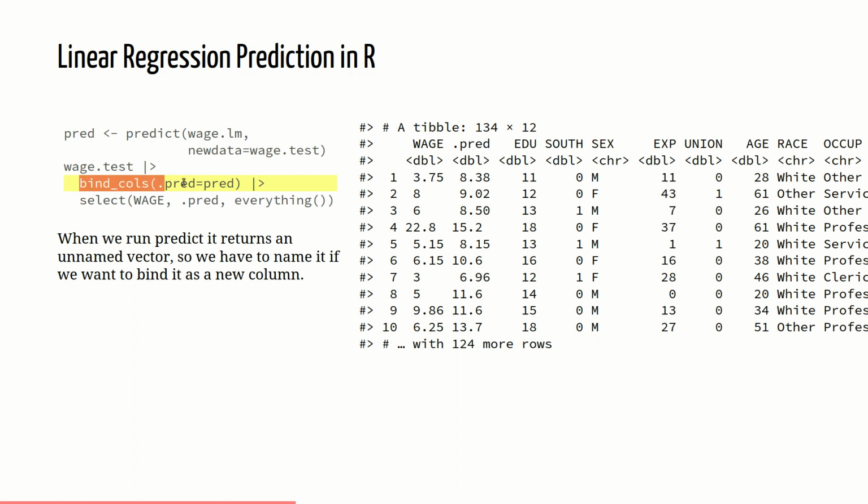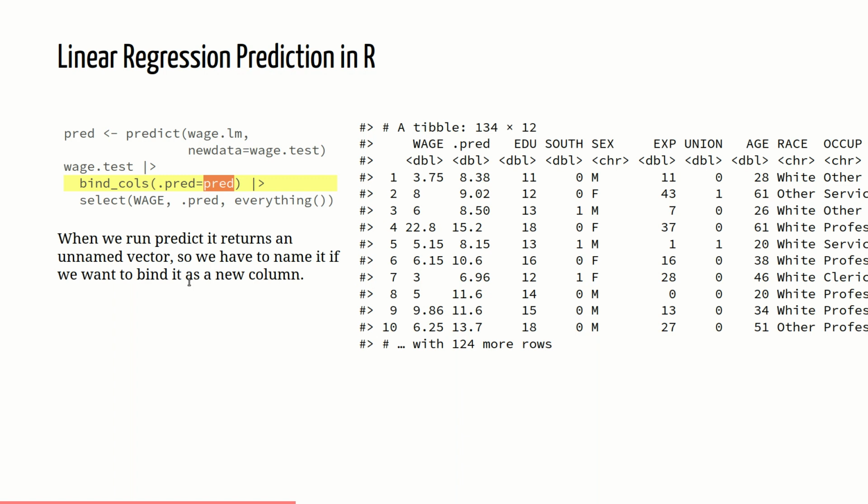We're going to bind that by naming it with bind columns. So this basically adds a new column to our wage test data, named .pred. I'm using the dot just for consistency with what comes later. I could have named this whatever I like, right? So that's equal to the pred vector, that one there.